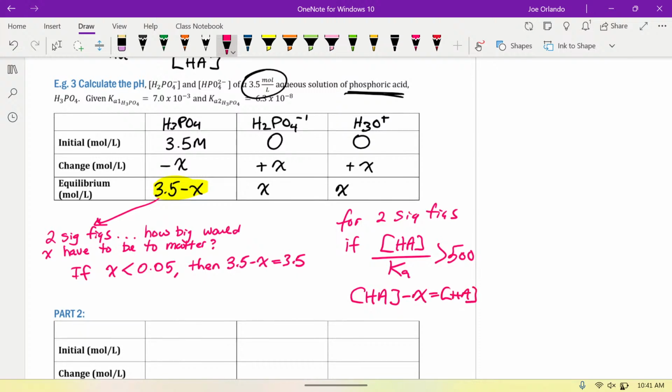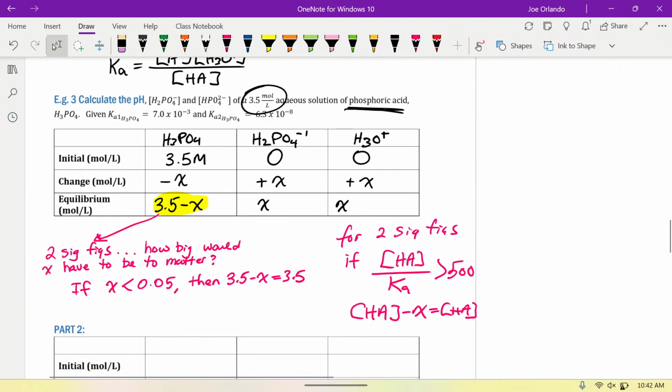In other words, we can assume that even though we are going to make some H3O plus and some H2PO4, we're going to do it with just a tiny little bit of our acid, and most of our acid will stay. And so we can save ourselves some math.